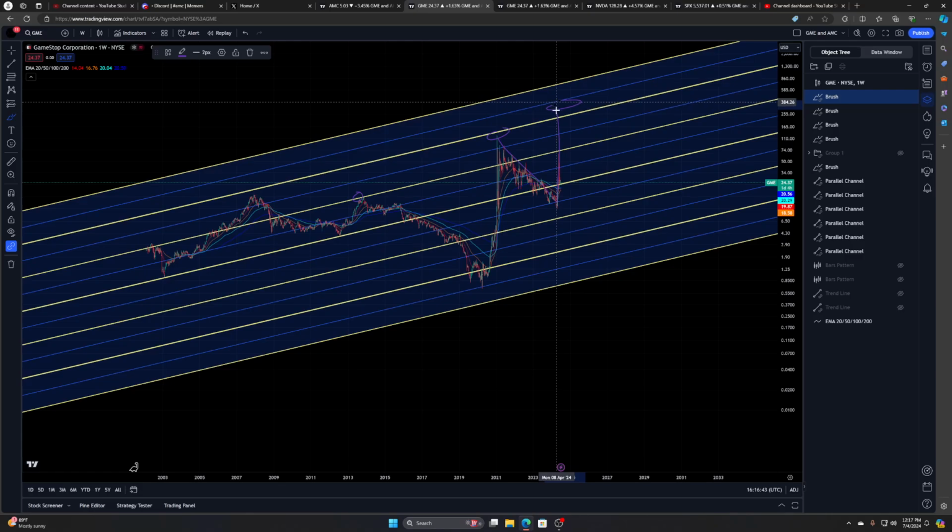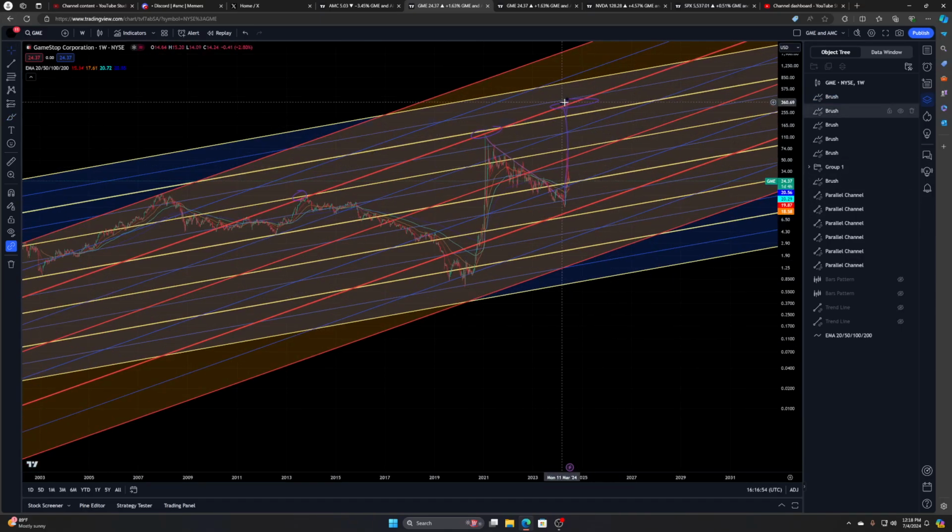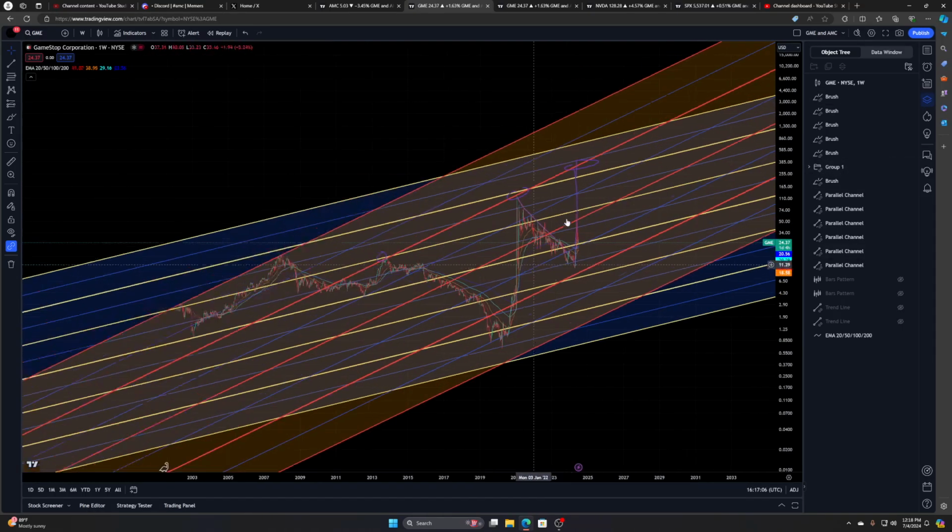You could say, okay, we're gonna go to this midline, but you couldn't fully grasp where exactly price is going to top out. And so it's definitely possible that we top out at that 330-ish, or actually be way up here at 400-ish, mid 300s price level.